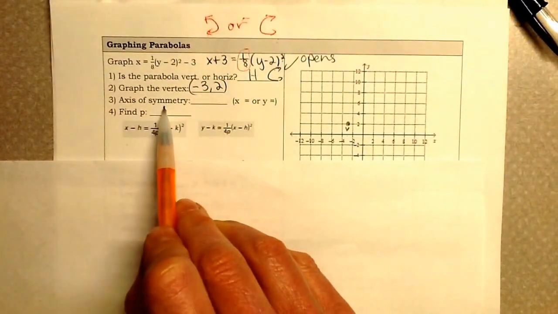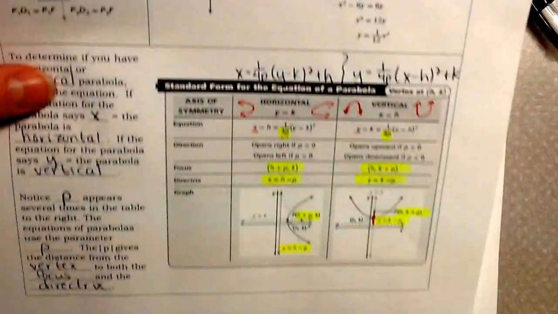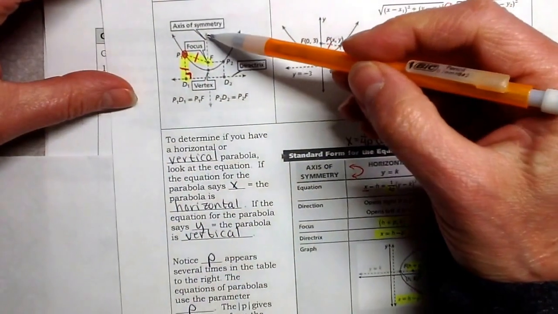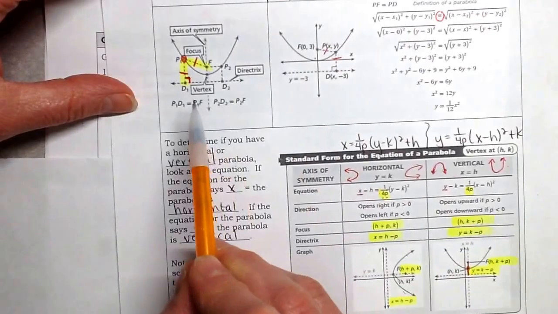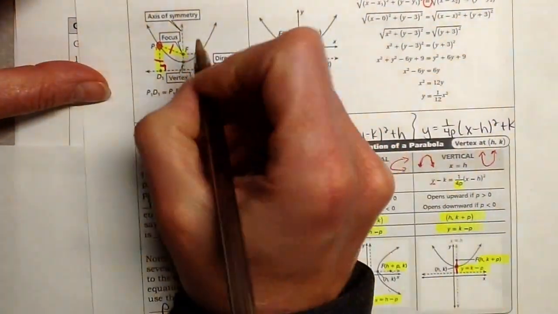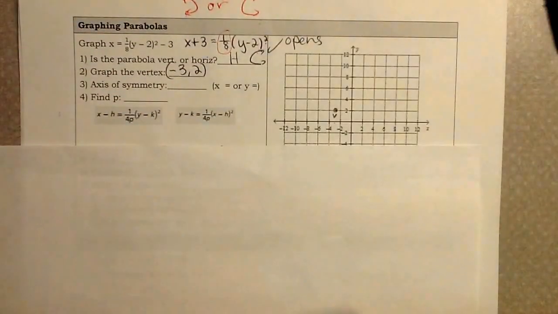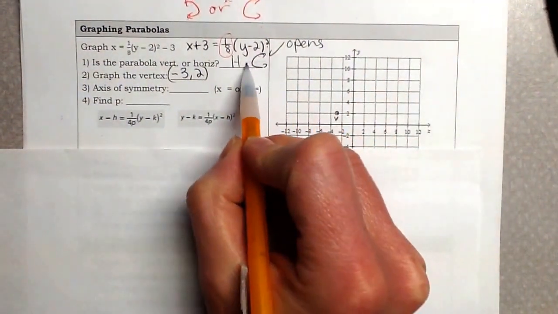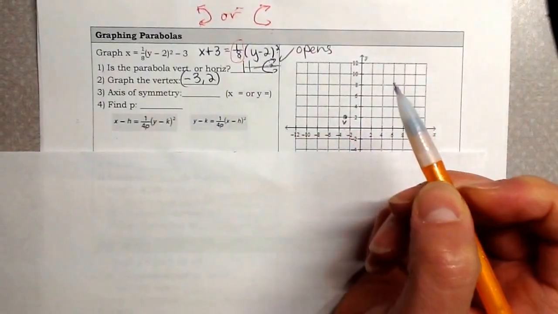Okay, the axis of symmetry. If you remember on the first page, the axis of symmetry is going to go right through the focus and through the vertex, so those 2 points, and it's going to be perpendicular, so there's another 90-degree angle right here. It's perpendicular to the directrix. We know that our parabola opens to the right, so the focus is going to be inside here, so our axis of symmetry is going to look like this.